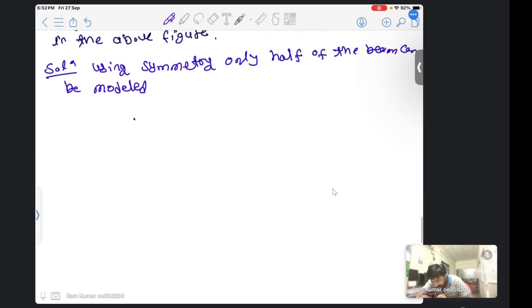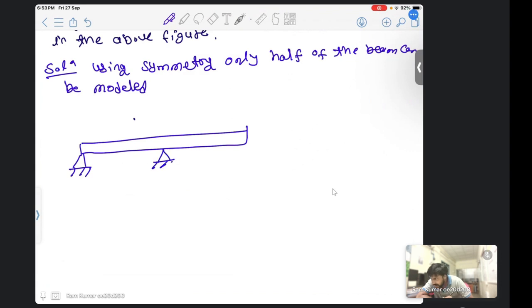How? This is our beam, and this is hinged at this location, and we will put a roller here, because it is allowed to move in the vertical direction, but it also has zero rotation.